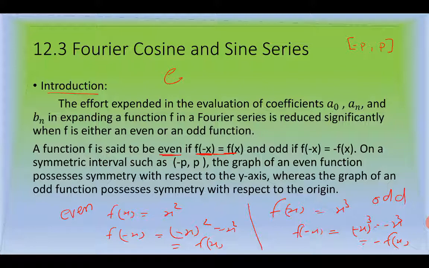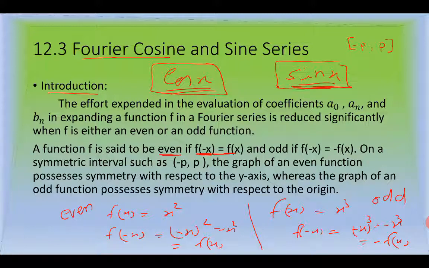We know cosine x is even, sine x is odd. So if the function is given to be an even function, then we will expand the given function in a cosine series. If the given function is an odd function, then its expansion will be a sine series.